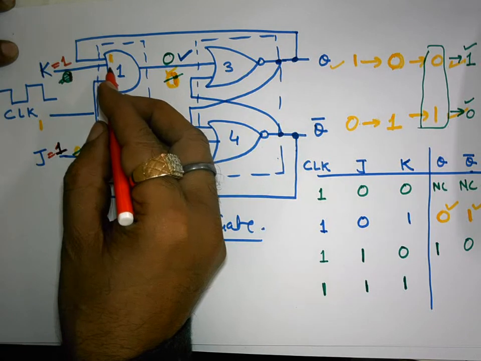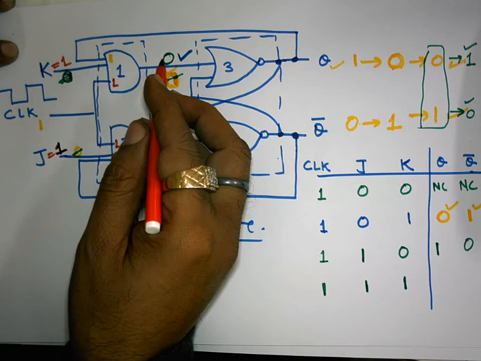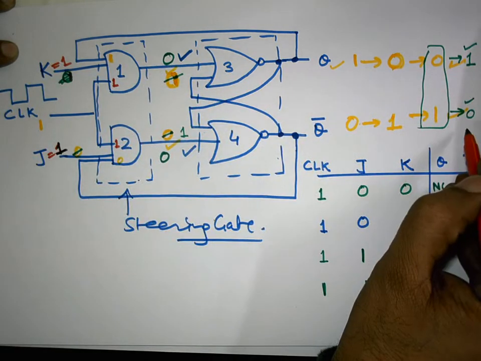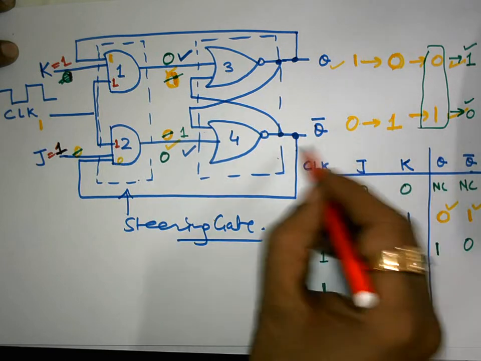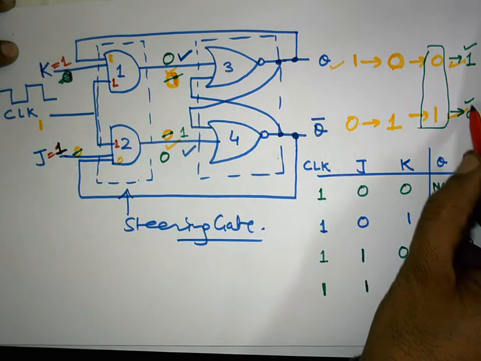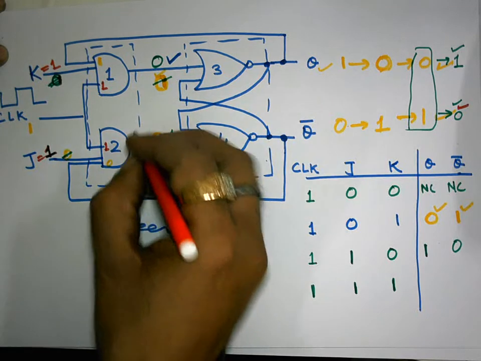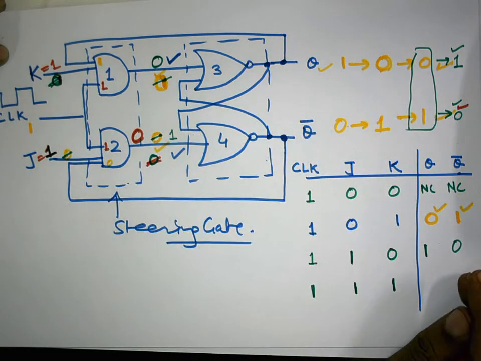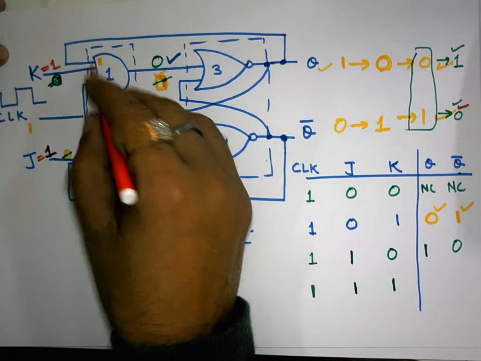Now who is going to make any change at the output of this AND gate? We have to see the input because of this feedback. Okay, so 1 is coming, 0 is coming over here. This 0 is coming over here. Getting my point? So this is making the output of gate number 2 as 0. And this 1 is coming over here. There are all 1s.